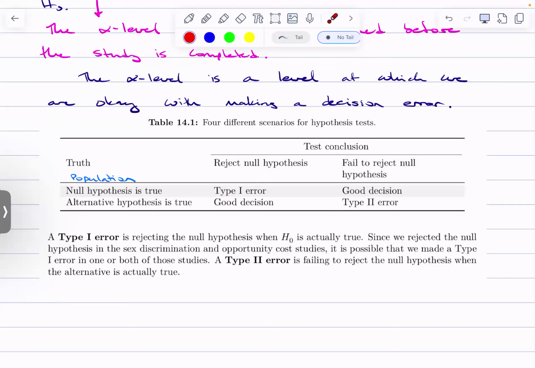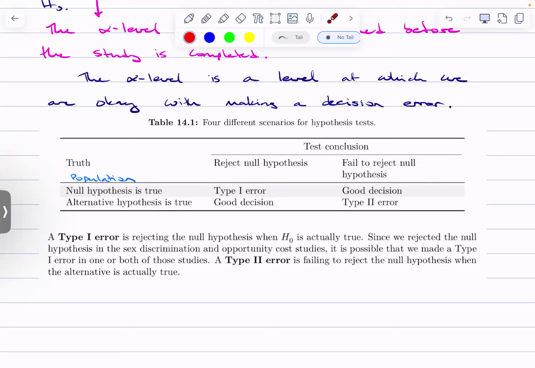Notice that if you reject H naught, then the only kind of error that you could make is a type 1 error. And if you fail to reject H naught, then the only kind of error that you could make is a type 2 error. And so there's always a chance that we're wrong and we don't know.